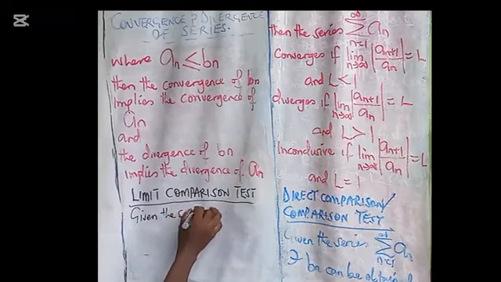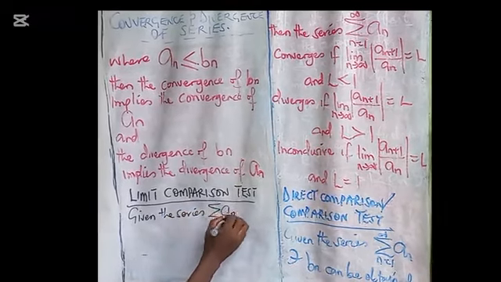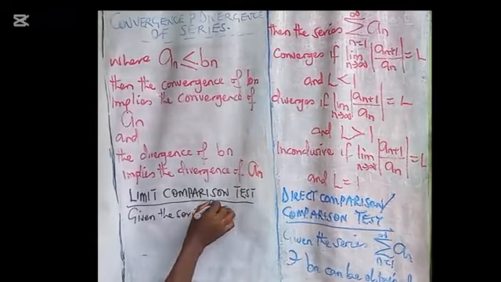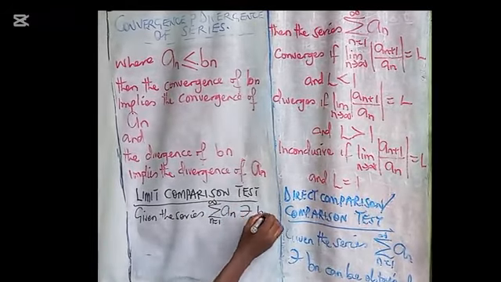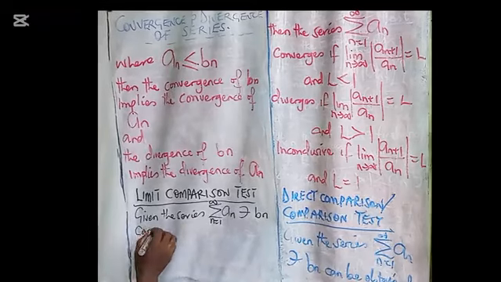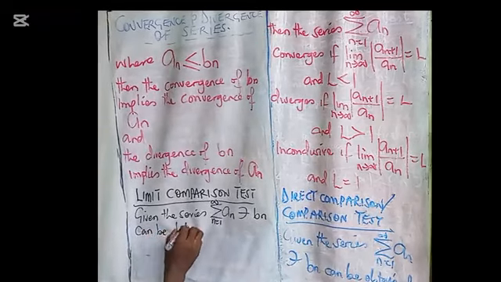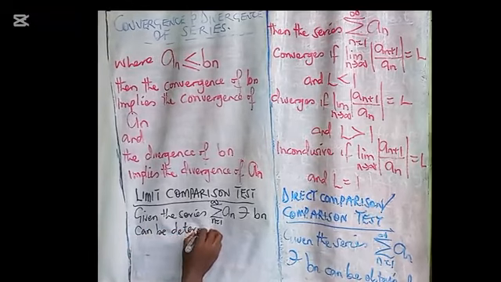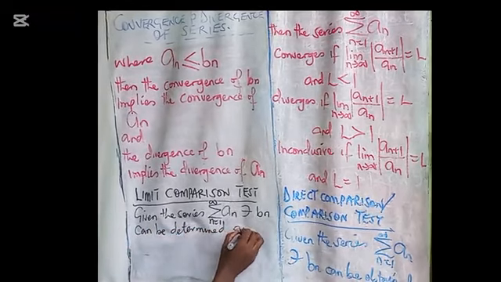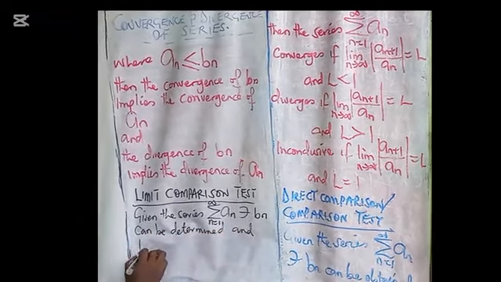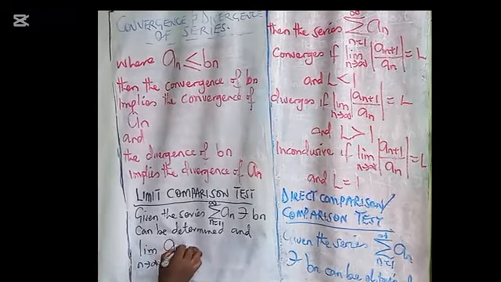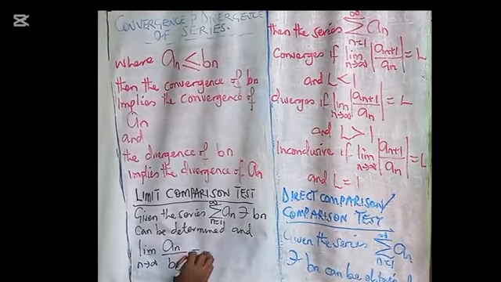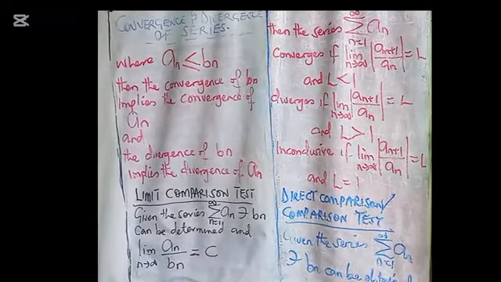Given the series summation of a sub n as n moves from 1 to infinity, such that b sub n can be determined and the limit as n tends to infinity of a sub n over b sub n equals c.